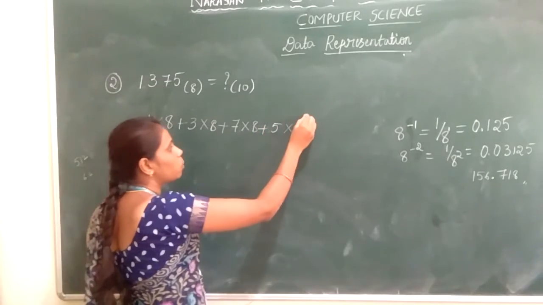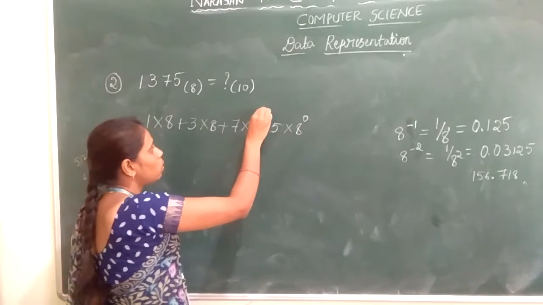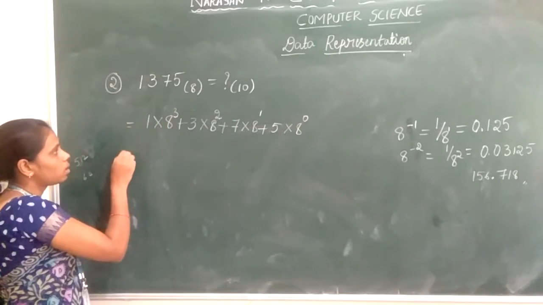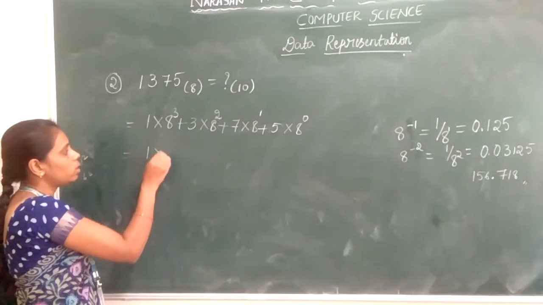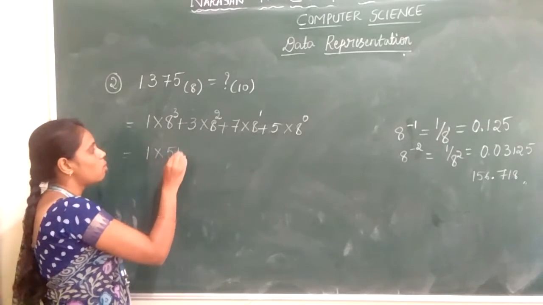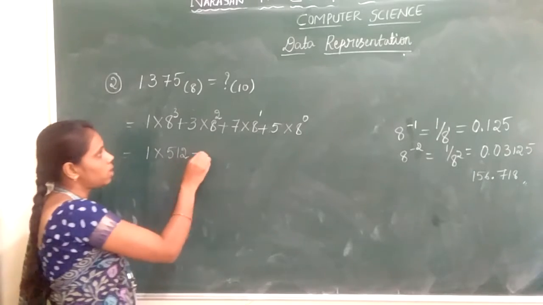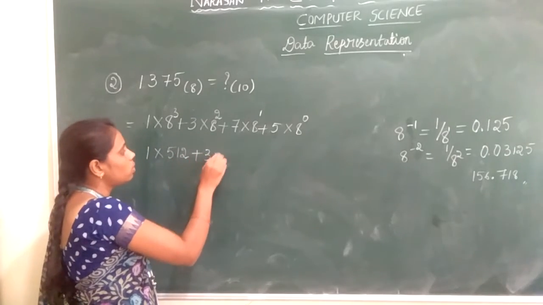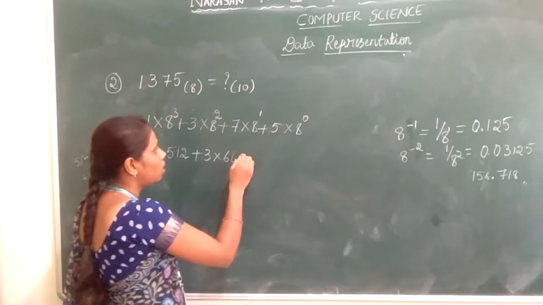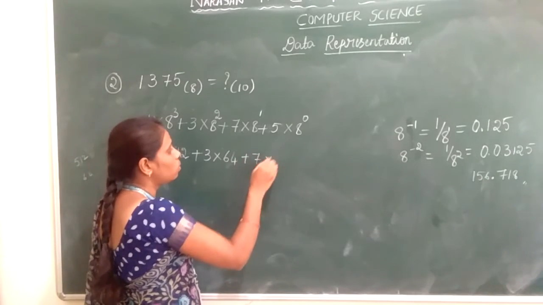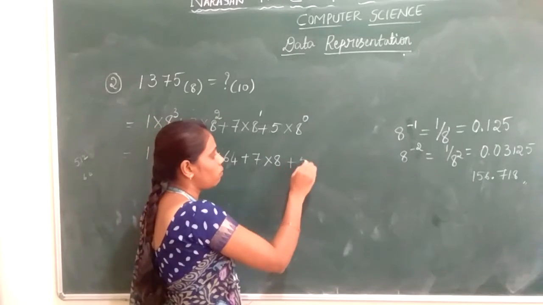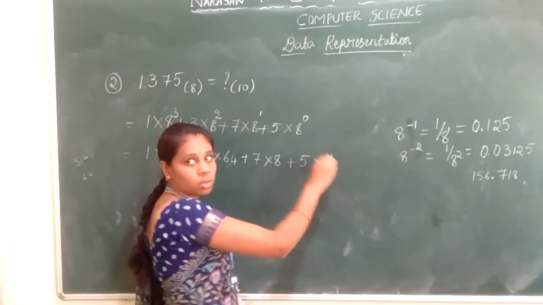Now write the positional values 0, 1, 2, 3. 1 into 8 cube can be written as 8 into 8 into 8, that is 512, plus 3 into 8 into 8 is 64, plus 7 into 8 power 1 is 8, plus 5 into 8 power 0 is 1.